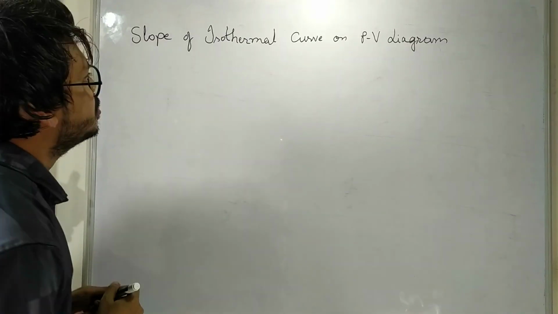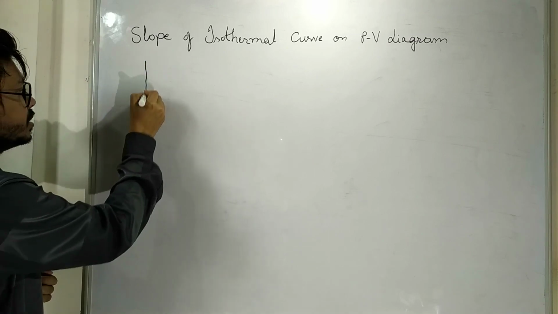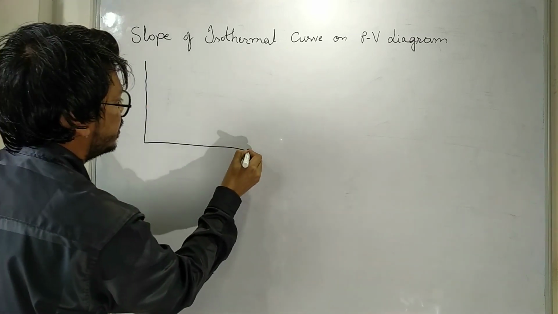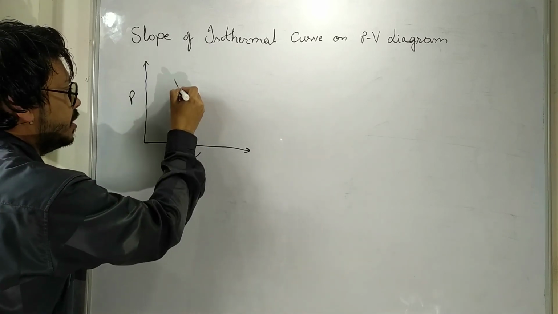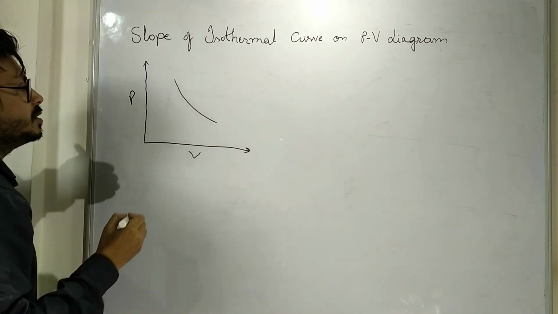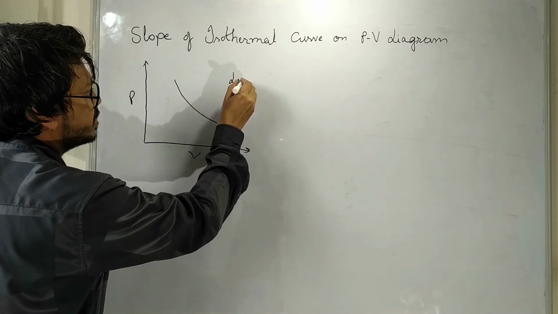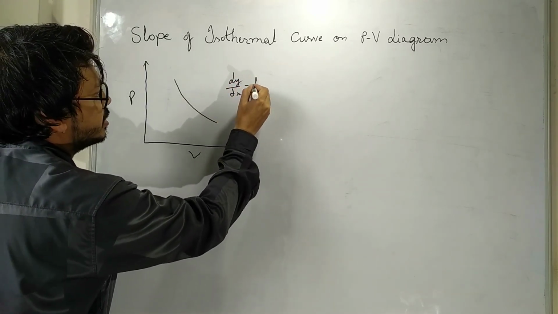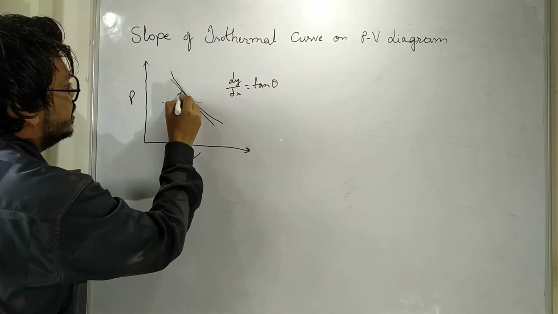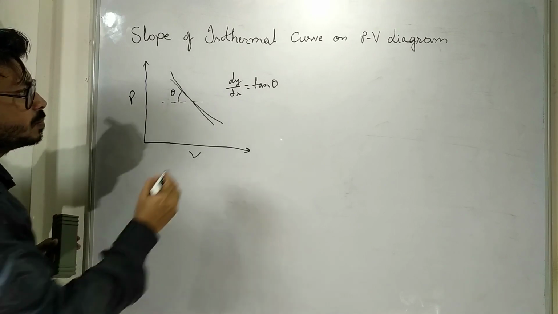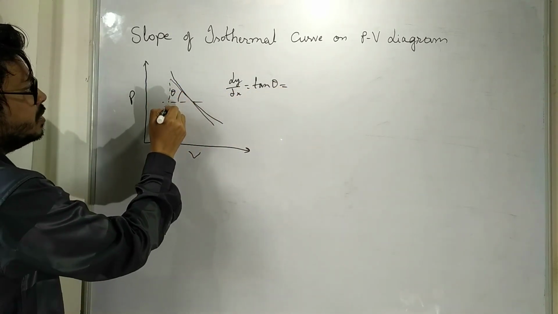Now the slope of the isothermal curve on the PV diagram. This is our PV diagram, and this is the isothermal curve. The slope means tan theta, dy by dx. This is the tangent, and tan theta is the slope, which is perpendicular by base.